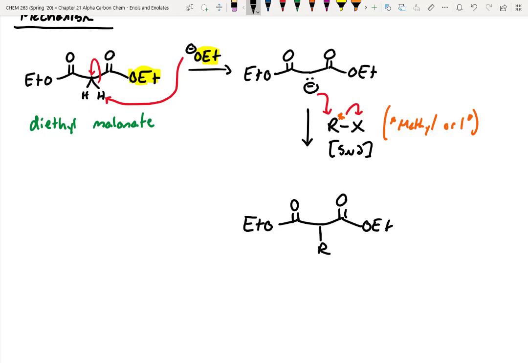All right, now the next part is a little bit steppy, and it's a reaction we've seen before, so I'm just going to condense it down. But what we're going to do in the next step is treat it with dilute acid. And if you remember in our carboxylic acid derivative chapter, we said that esters can actually be hydrolyzed to carboxylic acids.